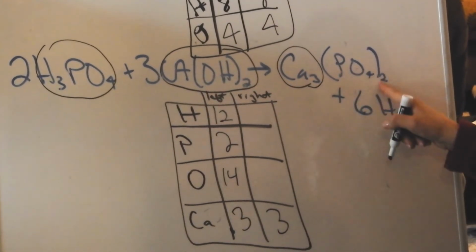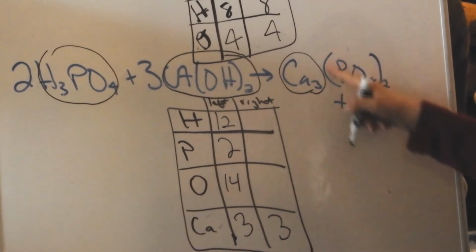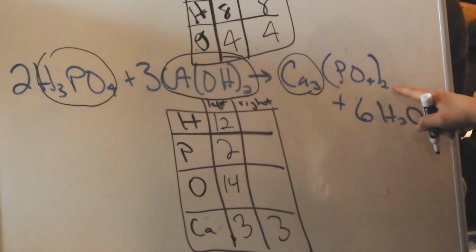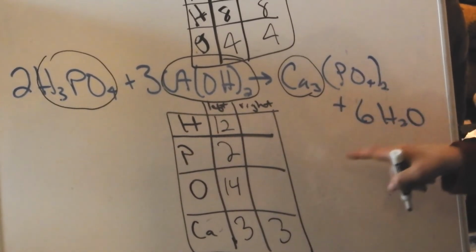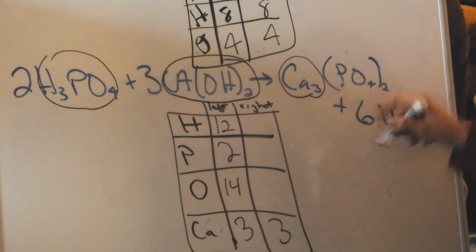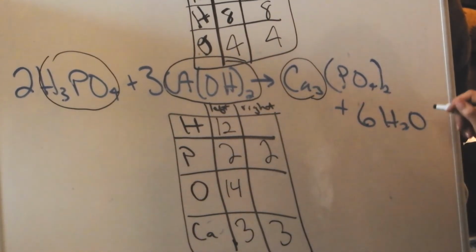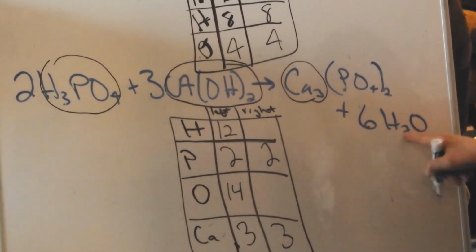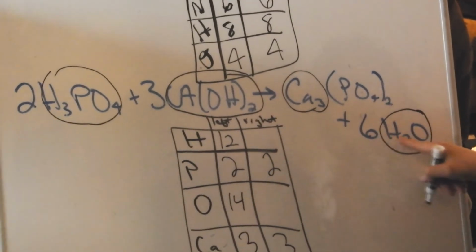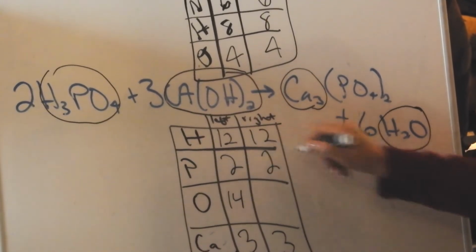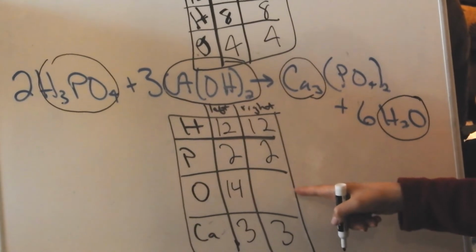Let's look at the phosphorus. Do you see how that's just to the 2? And here they use parentheses when there's something else going on with the atoms and so forth. So we know there's 2 there. Hydrogen, where am I at? There's 2, and again, this is all glued together, so 6 and 2 is 12. So the last thing I have is oxygen. So let's look at the oxygen.